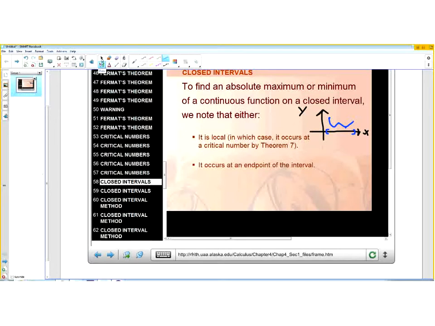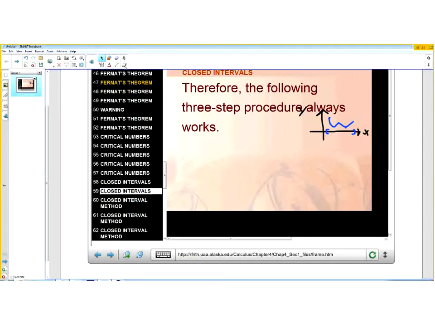We can now extract local mins, local maxes, global mins, and global maxes on a closed interval for the function. Let's see how that works. We have a three-step procedure, which you'll be required to use in WebAssign assignments.